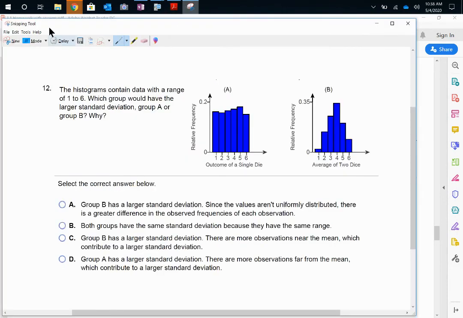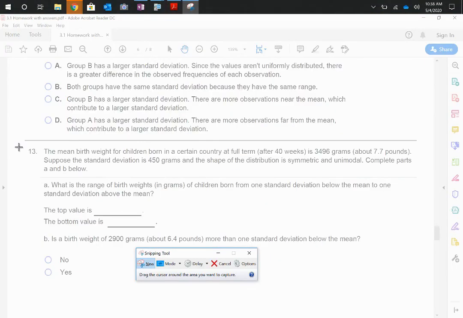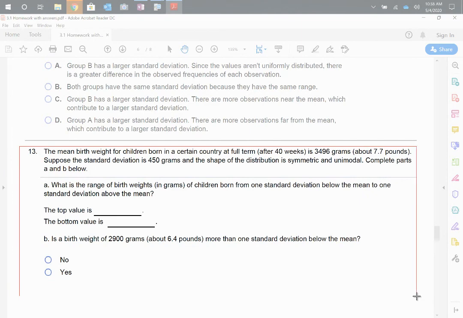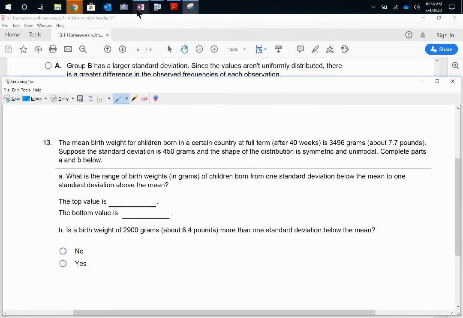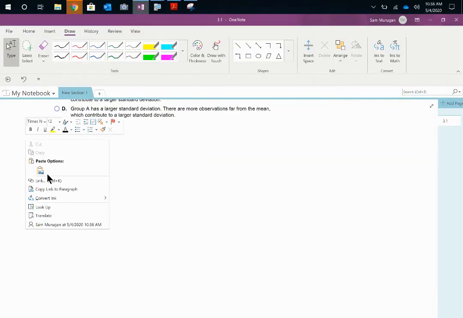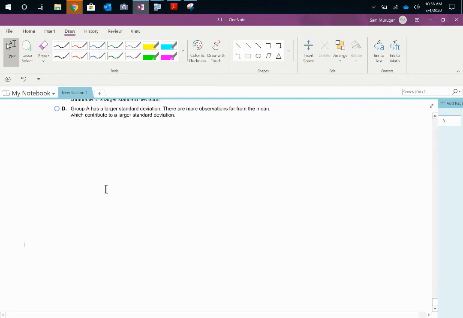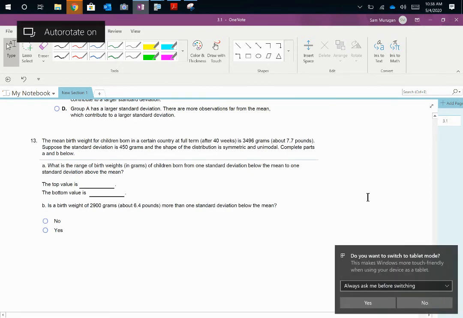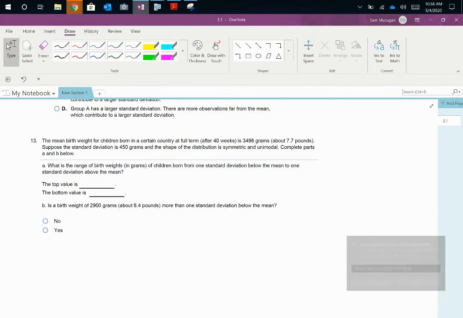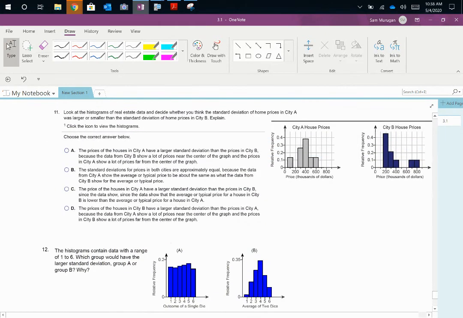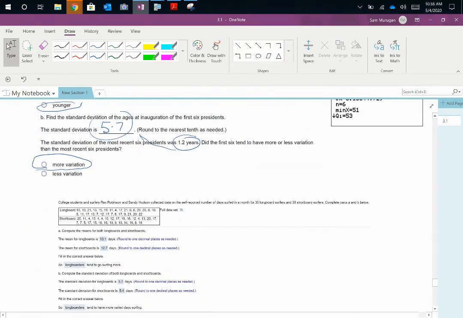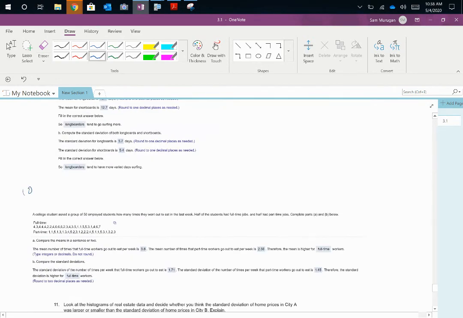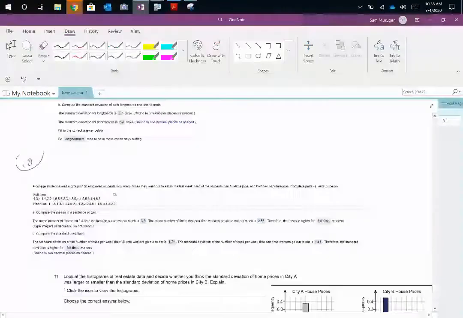There we go. All right, so we can go ahead and wrap this up here and discuss the last 3 questions from our homework. Let me just make sure that these are numbered. This is 8, this is 9, this is 10. So we're on question 11.